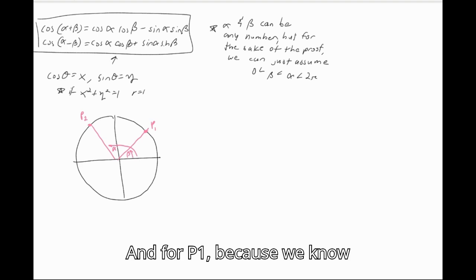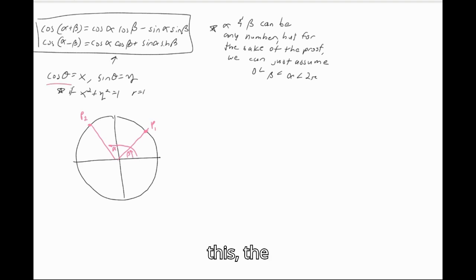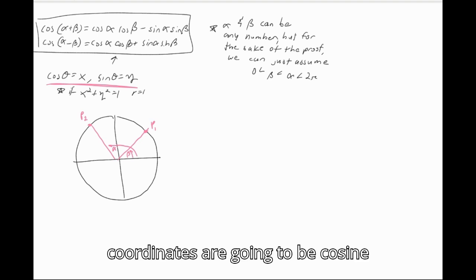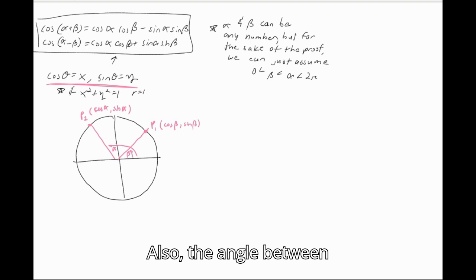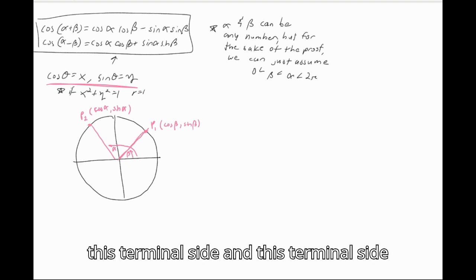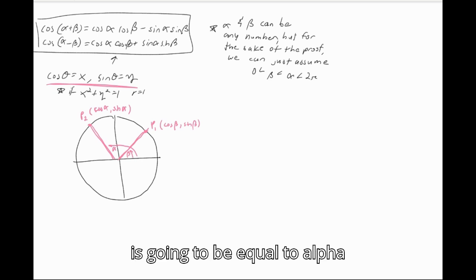And for point 1, because we know this, the coordinates are going to be cosine beta, sine beta, and then for point 2, cosine alpha, sine alpha. Also, the angle between this terminal side and this terminal side is going to be equal to alpha minus beta.